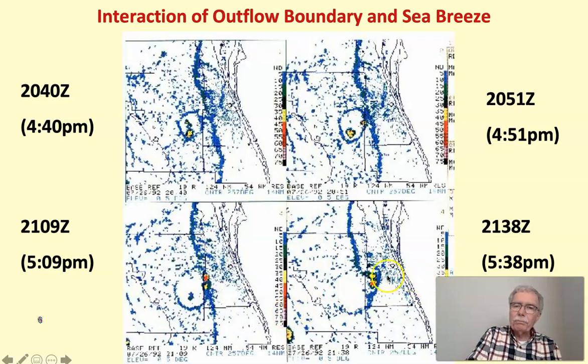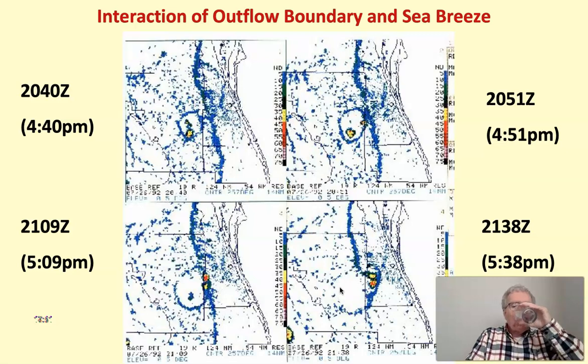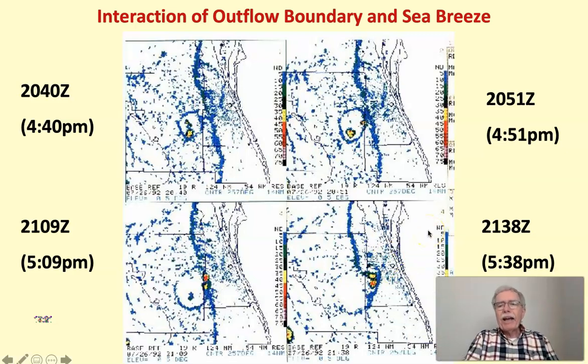And at 5:38 p.m., just 58 minutes after the whole thing began, our thunderstorm is very much in progress, where the two boundaries meet, and our original thunderstorm is completely gone. So outflow boundaries play a huge role in producing thunderstorms in places you would not normally see them. Thunderstorms going up in the middle of air masses.